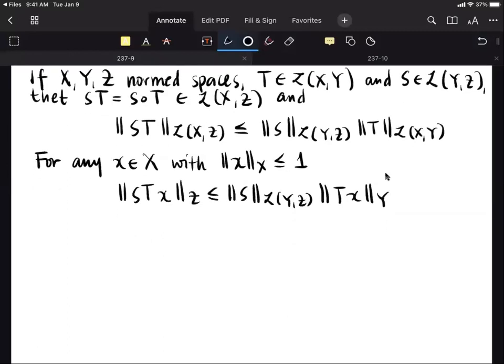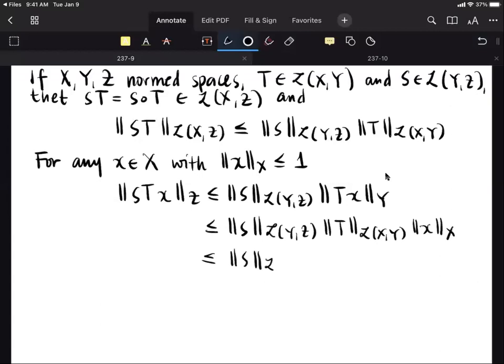And applying the same inequality once more, the second term is less than or equal to the norm of T in L(X,Y) times the norm of x. Since the norm of x is less than or equal to 1, you end up with the following product.